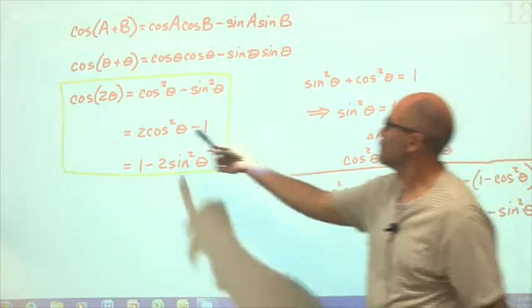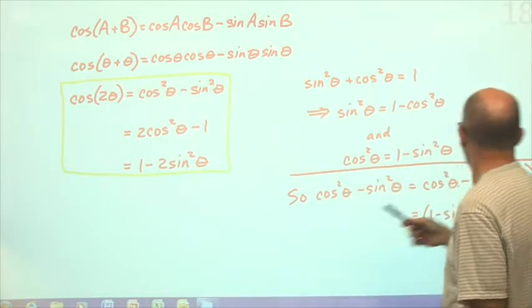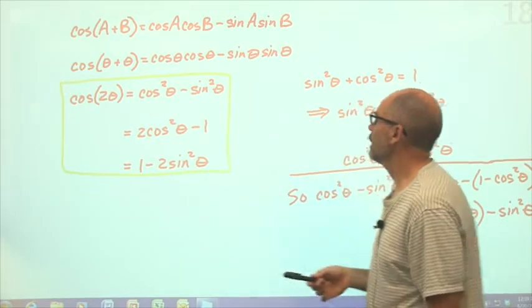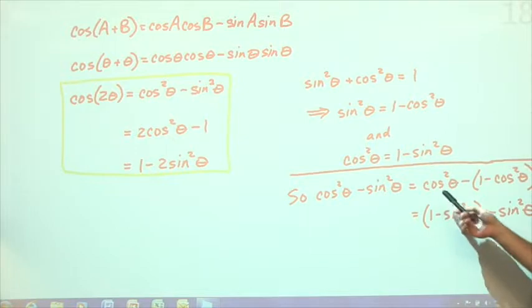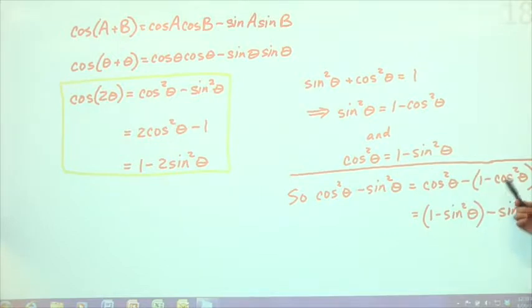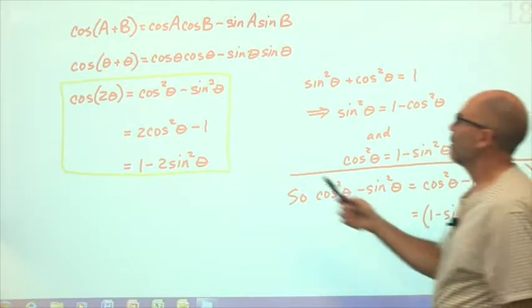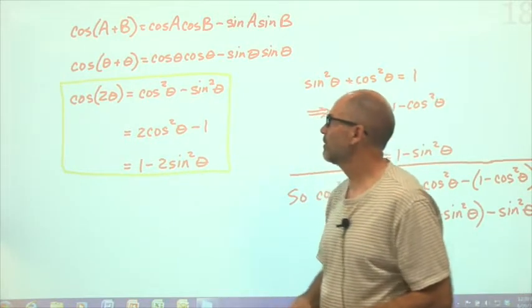That's 2 cosine squared minus 1, or we could change everything into sine, so we're going to change the cosine squared into 1 minus sine squared. So now I have 1 minus sine squared minus sine squared. That's 1 minus 2 sine squared.